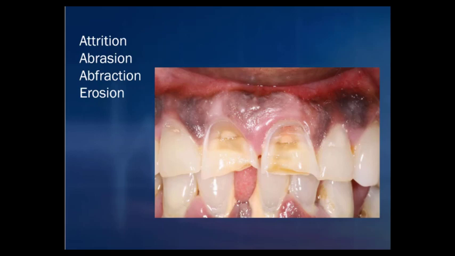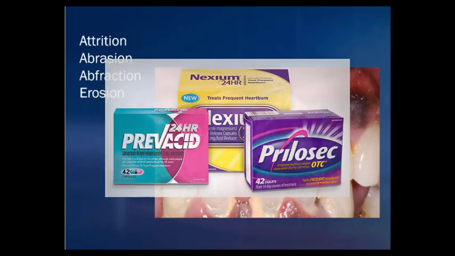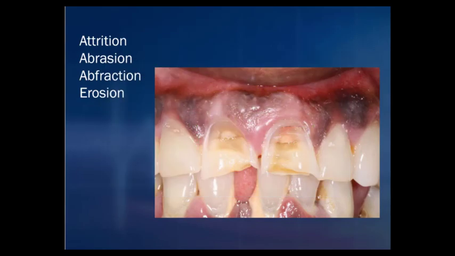So the next time you do a medical history and you see that the patient has checked yes for GERD or reflux, or you notice that they're on a reflux medication, you should be on the lookout for lingual erosion in the upper anteriors. When these patients lay down to sleep at night, they get a reflux of acid that shoots up and hits the back of the maxillary anterior teeth, which causes erosion.